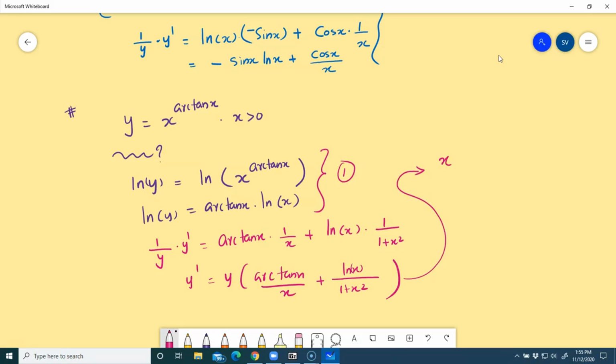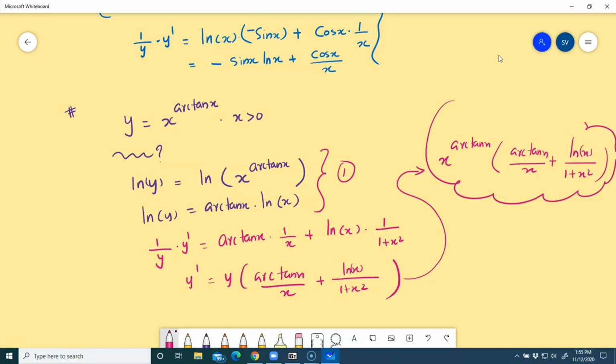X to the power arc tan x, times arc tan x by x plus ln x by 1 plus x square. So this is the solution for the logarithmic differentiation.